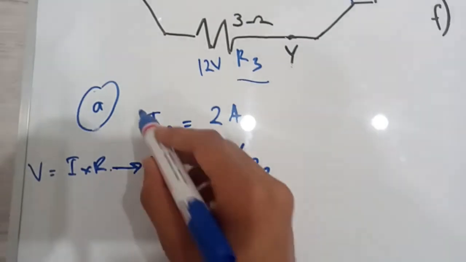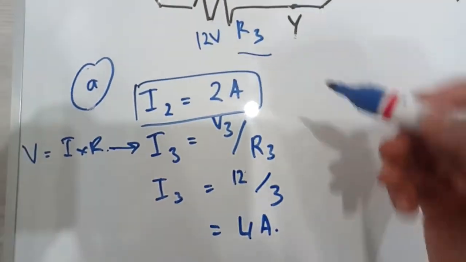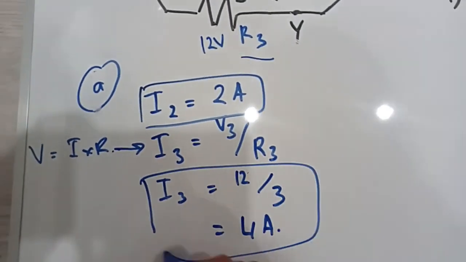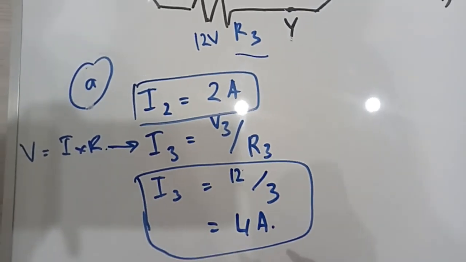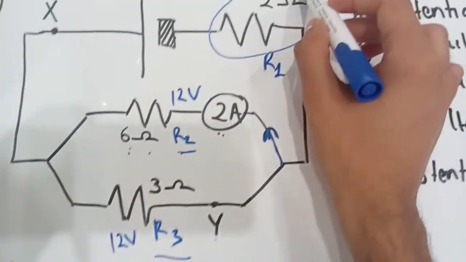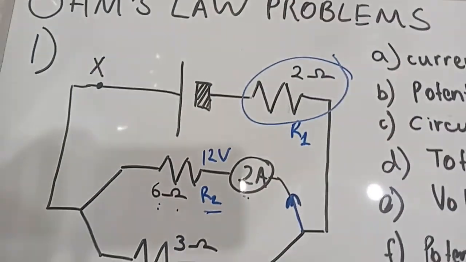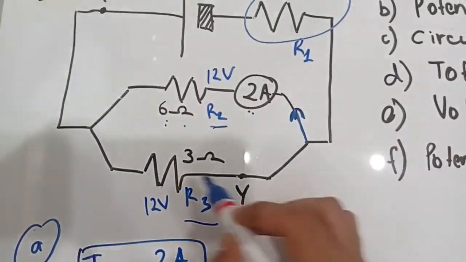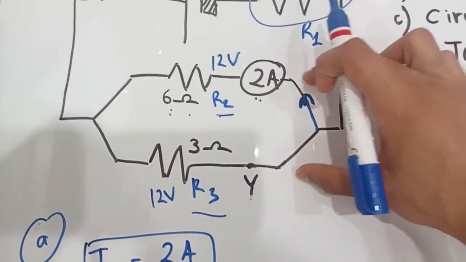So we know the current flowing through the second resistor and the current flowing through the third resistor. Now we need to find the current flowing through the first resistor. We know that current splits when it goes into a parallel circuit.